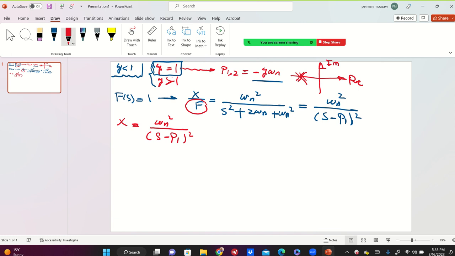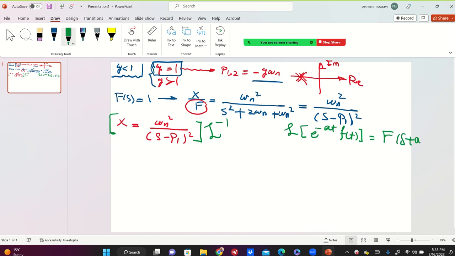If you want to go back to the time domain, you have to take the inverse Laplace. Based on what I taught in the Laplace table, I hope you remember it: the Laplace of e to the minus a t times f of t is F of s plus a.